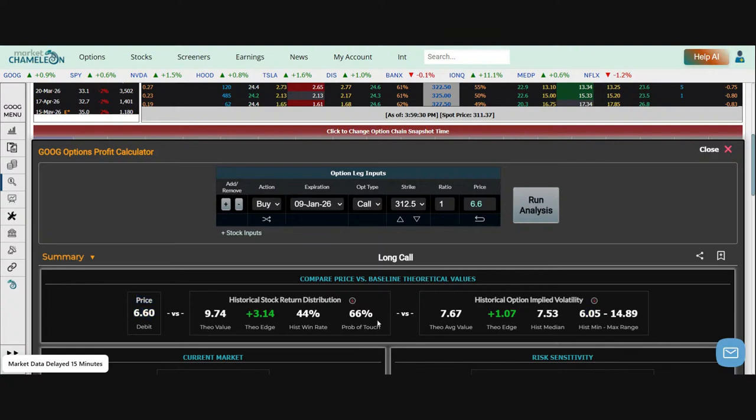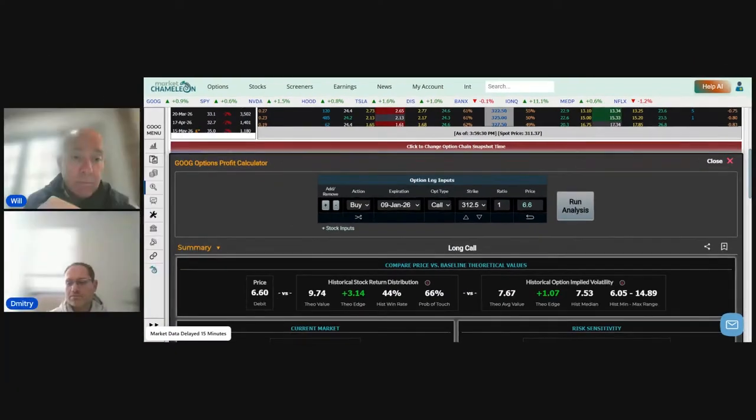This is a quick way to look at an option, run it and get a sense, without further research or knowing what else is going on, of whether we're on the lower or higher range of those historical benchmarks.